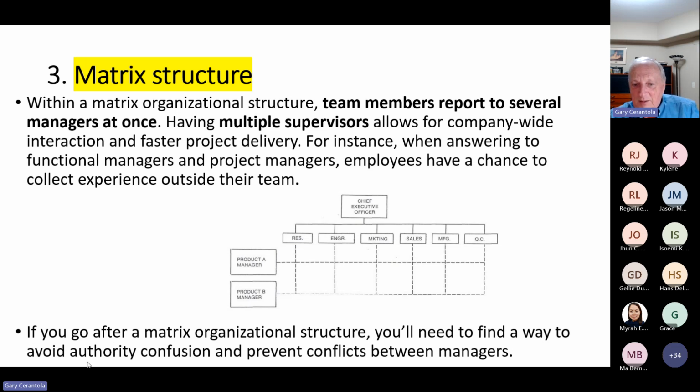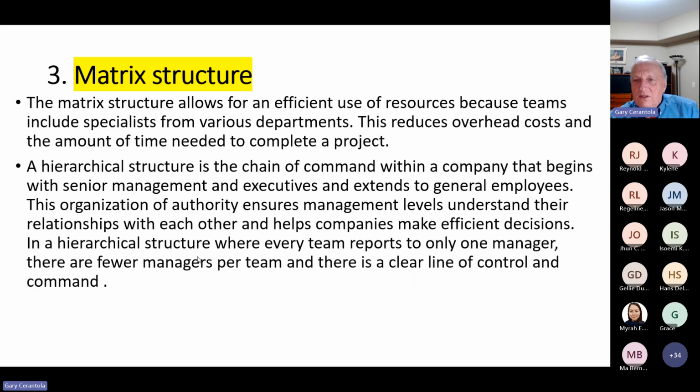So again, the bottom line here, if you go after a matrix organizational structure, you'll need to find a way to avoid authority confusion and prevent conflicts between managers, okay? Because each one of these managers for these functions are competing for resources and they're competing for agenda, and sometimes politics gets involved.